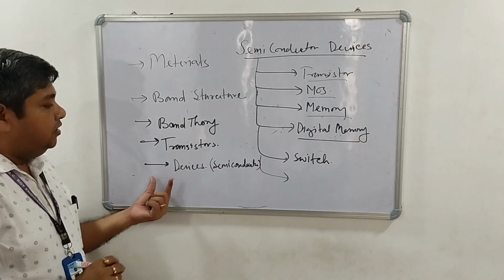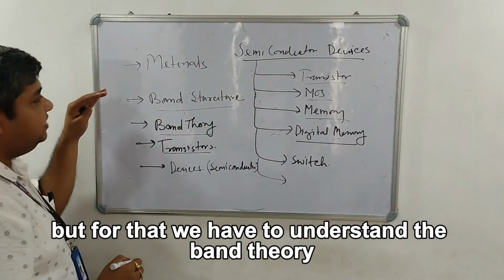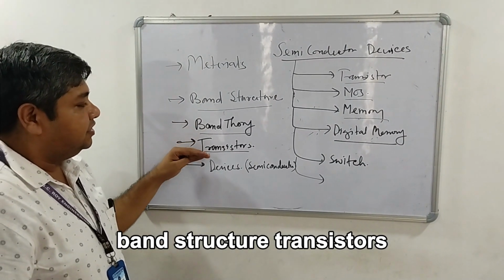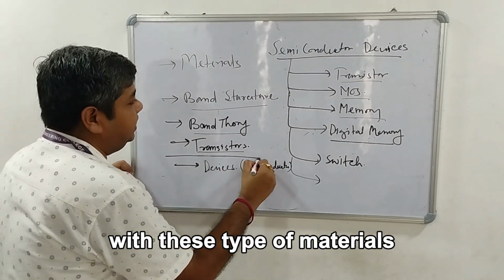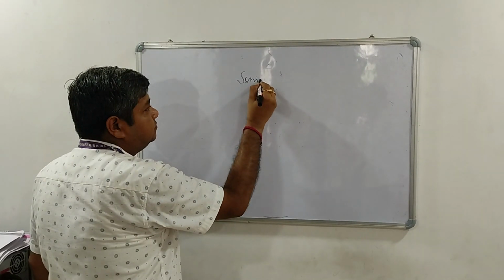Okay. So these are all basically semiconductor devices. For that, we have to understand the band theory, band structure, transistors, and the devices that are made with this type of materials.